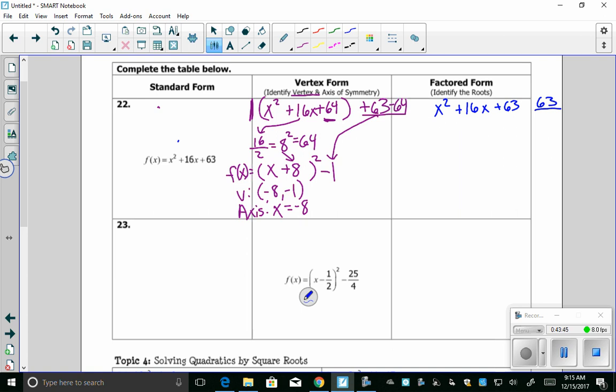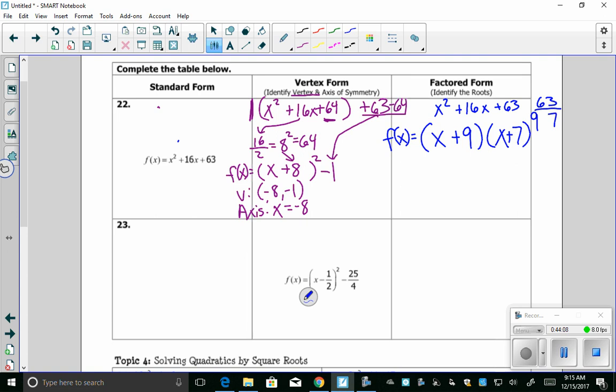Remember, I told you, you don't have to list all the factors if you can just find the factors. So that's what I'm going to do here. Well, I know 9 times 7 gives me 63, and 9 plus 7 gives me 16. So my factored form is going to be x plus 9 and x plus 7.